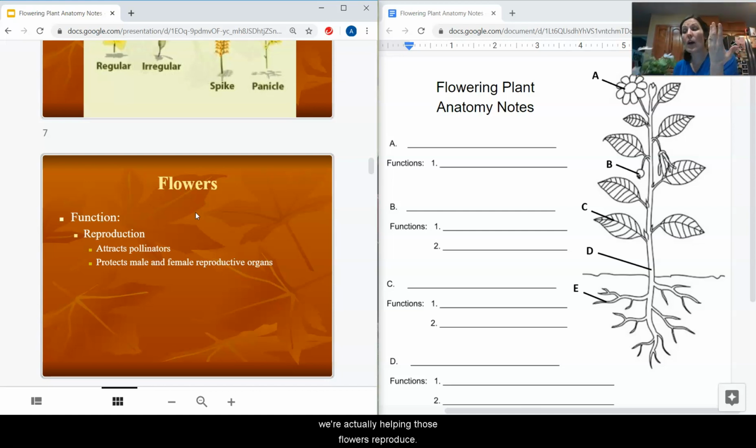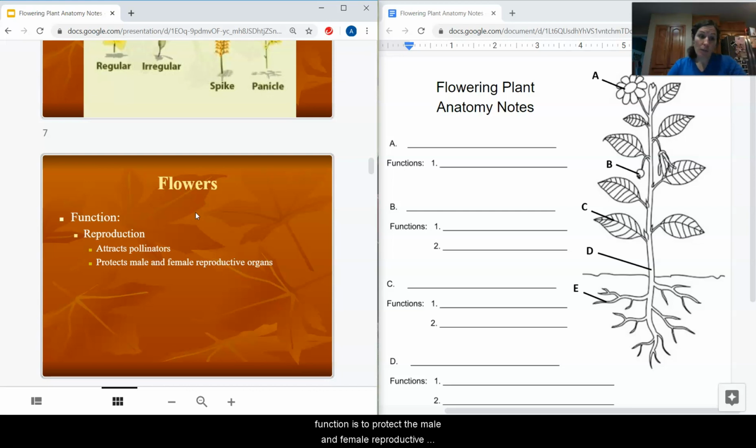So we're actually helping those flowers reproduce. Wind can help with reproduction. Again, birds and bees. So you have all different types of pollinators, and those flowers' purpose is to attract the pollinators. Some of them make nectar to attract different pollinators.